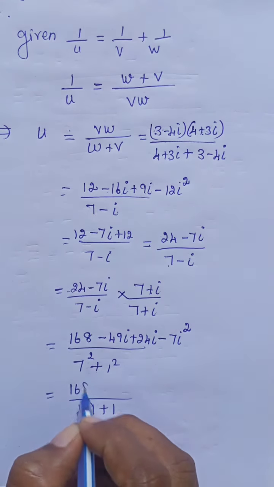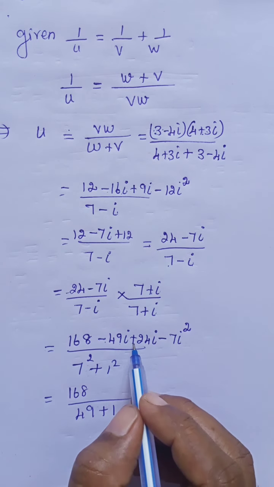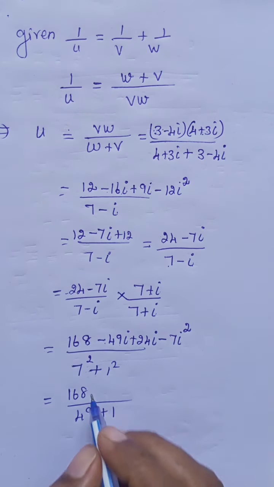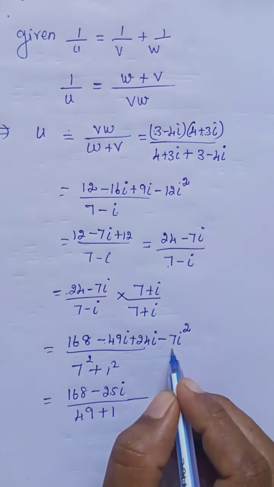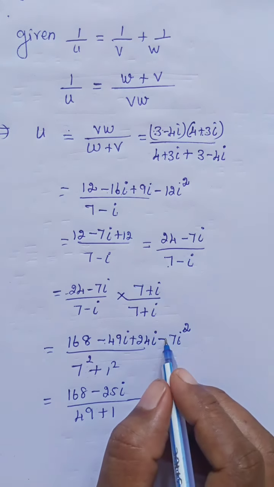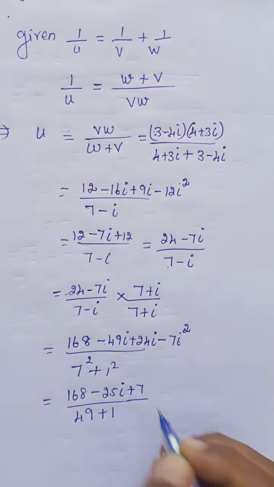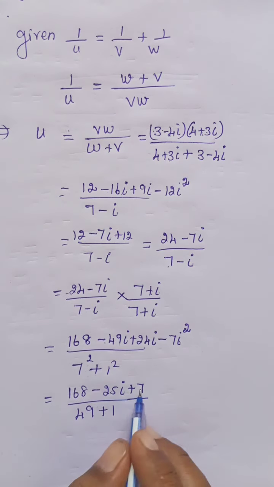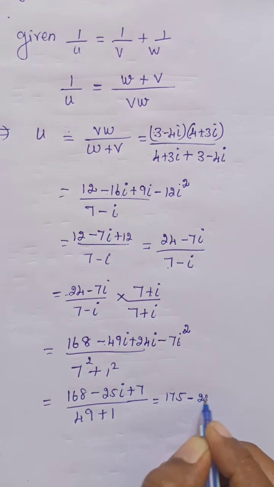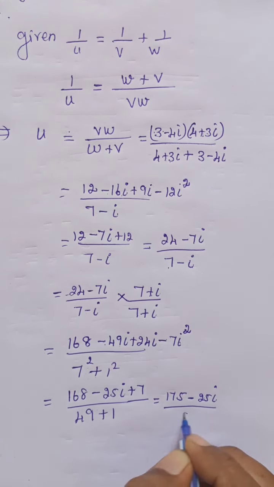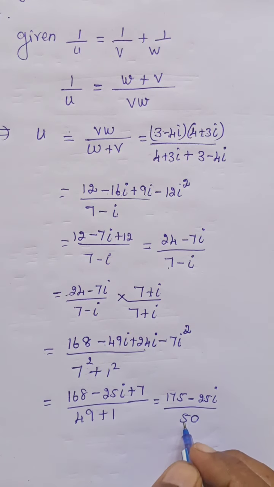This is 168 minus 49i plus 24i, that is minus 25i. i squared, the value is minus 1, so it will become plus 7. Therefore 168 plus 7, 175 minus 25i divided by 50.